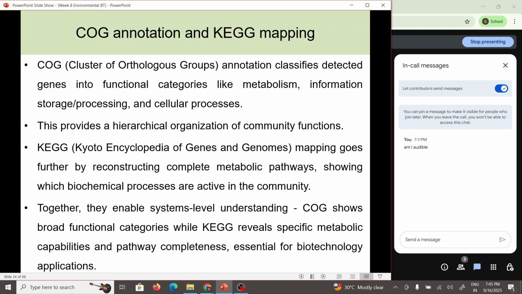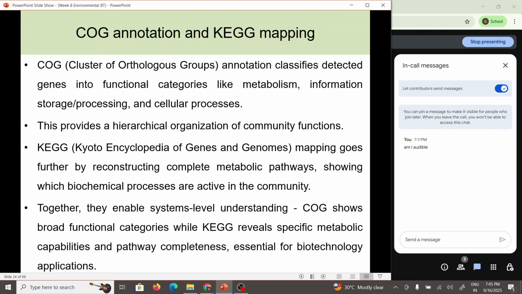So what are the possible categories into which we can have the function annotated? One is based on the metabolism, or a particular enzyme required for a particular metabolic reaction. The second one is information storage and processing, and the third one is cellular processes. So this is the use of COG annotation.